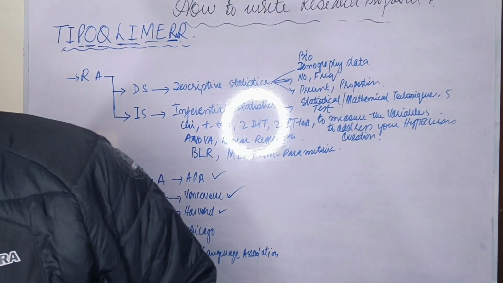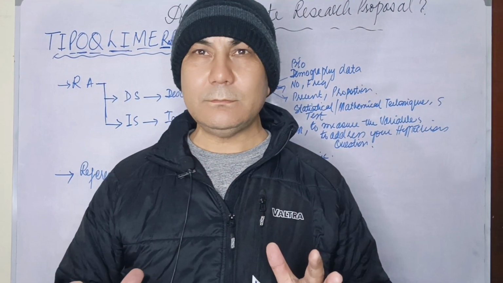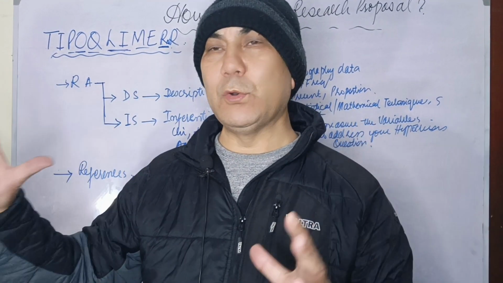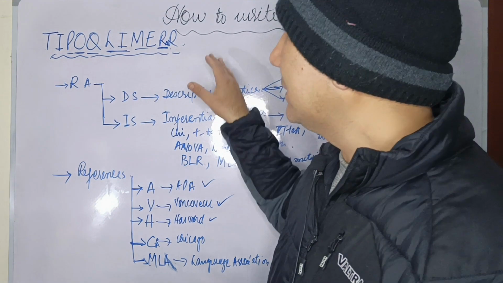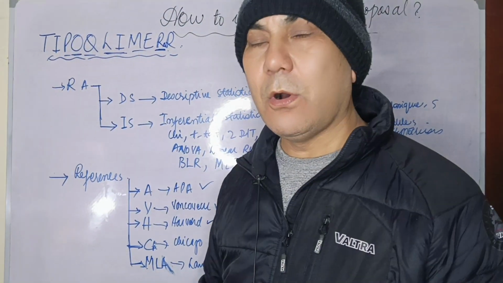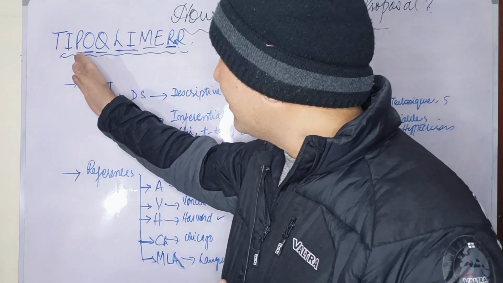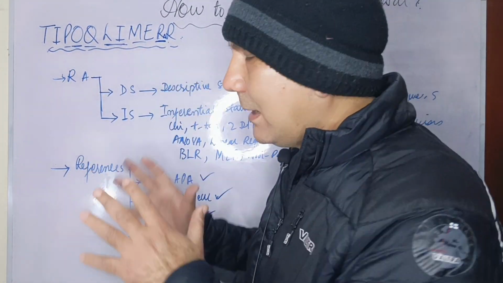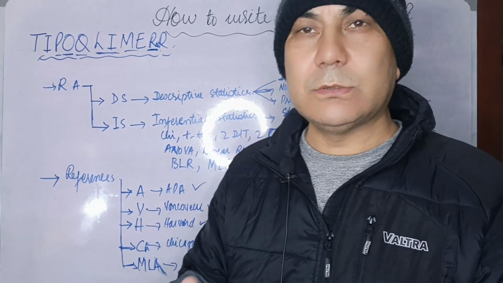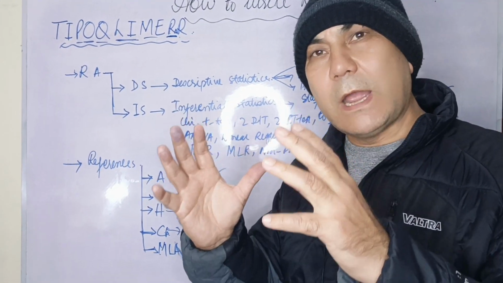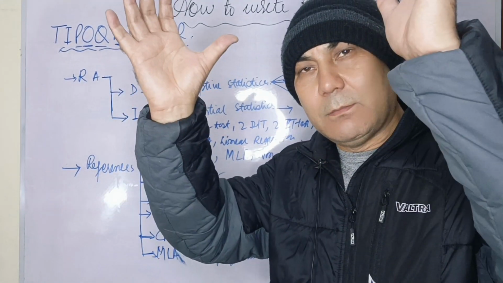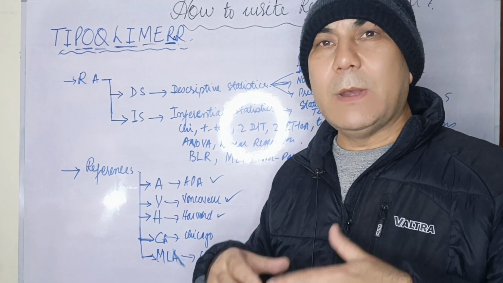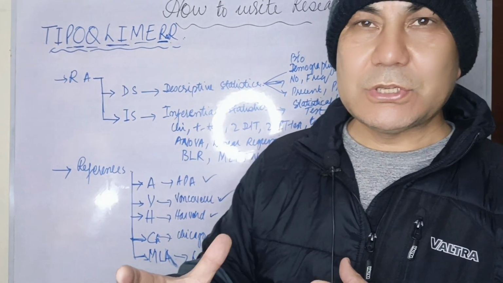So this is all about how to write the research proposal in the form of mnemonics: TIPOQLIMERR, and in each area, the introduction, the literature review and the methodology, I told you another mnemonic to memorize or to write down your research proposal in a logical sequence, for the better understanding of your research committee.